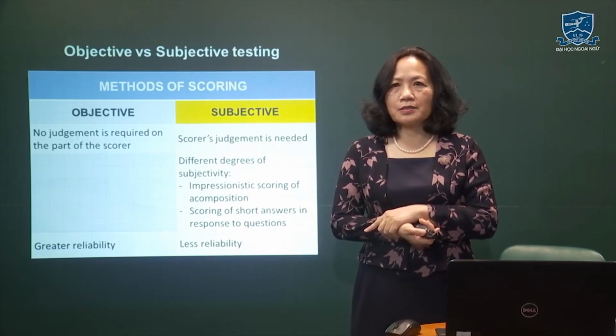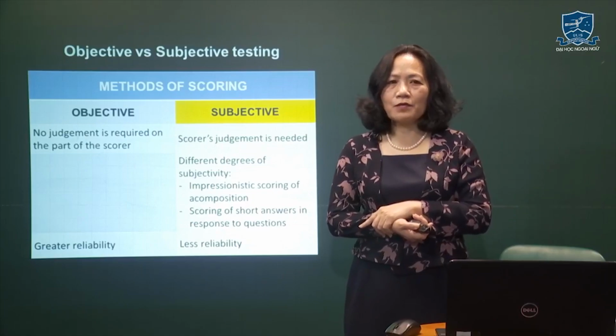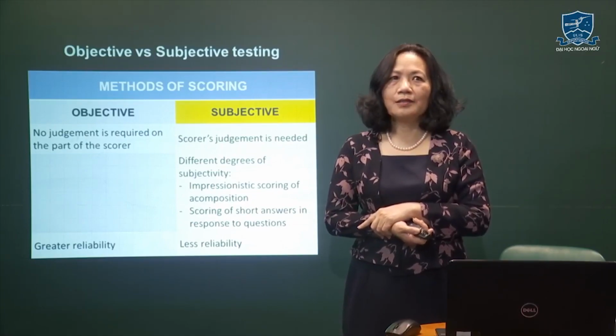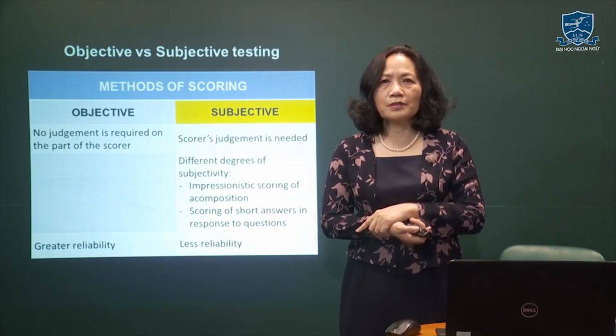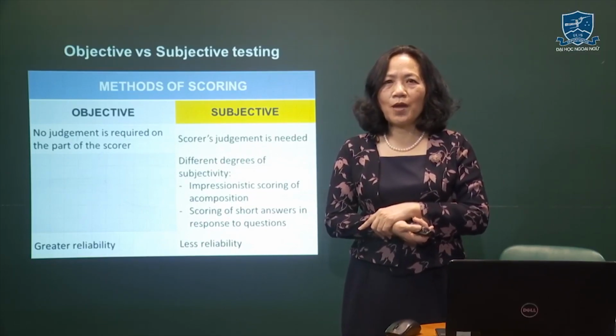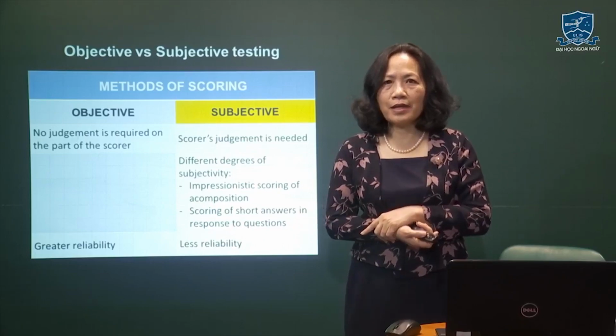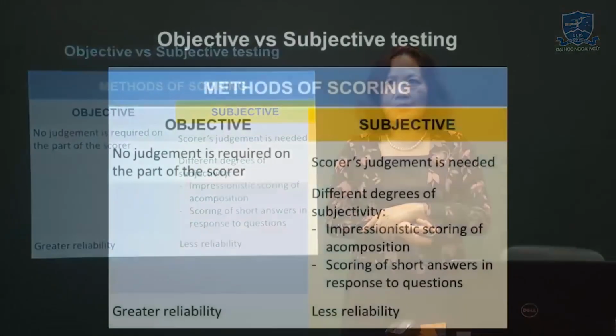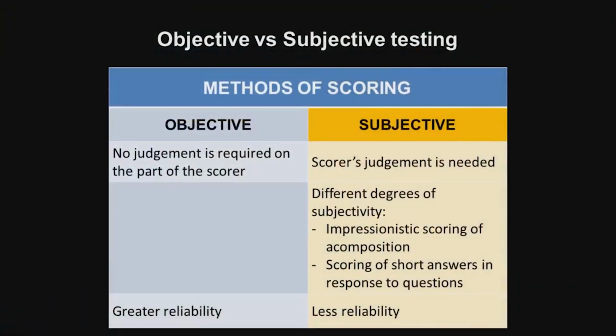There's only one correct answer to each question, and the scorer doesn't have to judge the level or degree of acceptability of the answer, but just looks at the answer key and notes down whether the student's answer is correct or not.